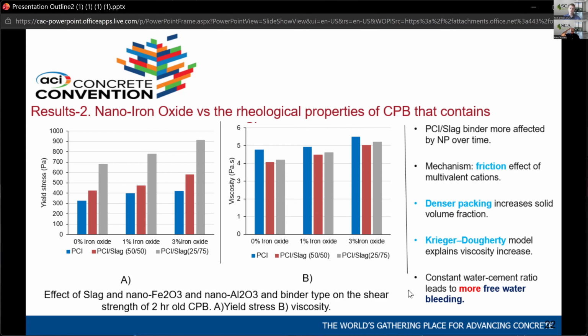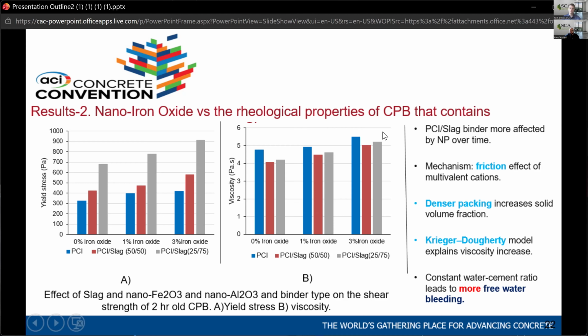And then another mechanism that happens with slag is that the water cement ratio leads to more free water bleeding. So with more free water, the sample with more slag has higher viscosity than the samples with less slag. The free water bleeding causes this.